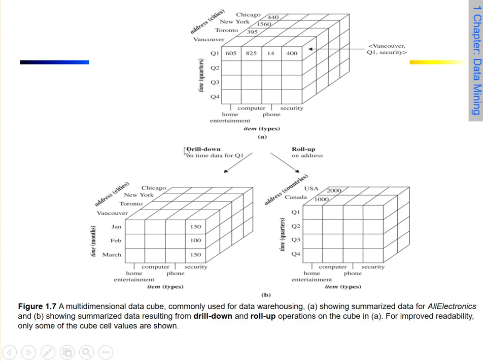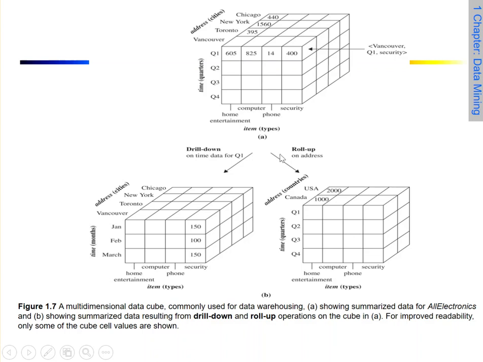So in this example, we drill down on time for quarter one. So quarter one is expanded to January, February, March. So now we can look into every month, the sales data along the item types and addresses dimensions. You can see 400 here is broken down to 150, 100, and 150. So you get more detailed information.